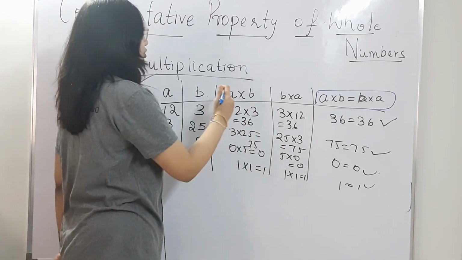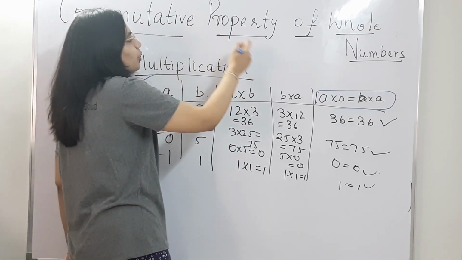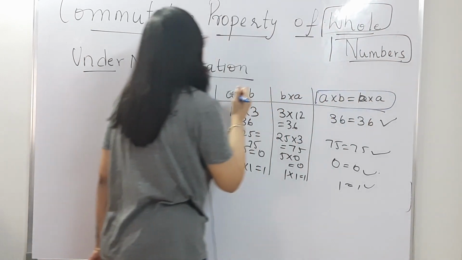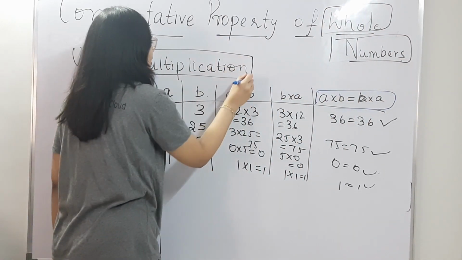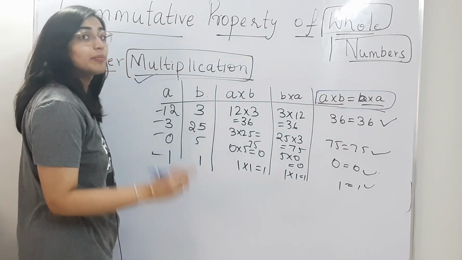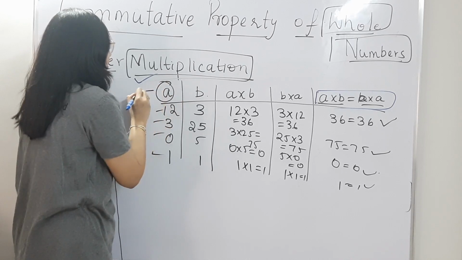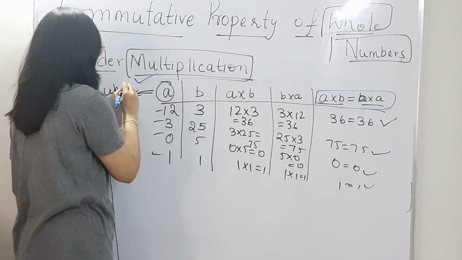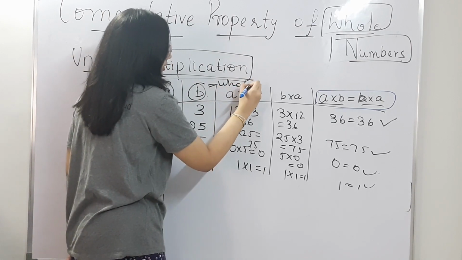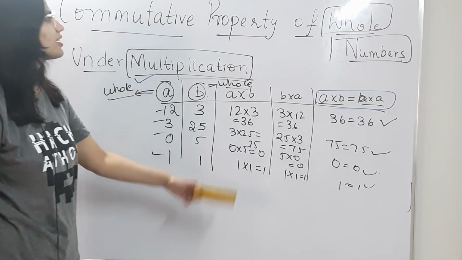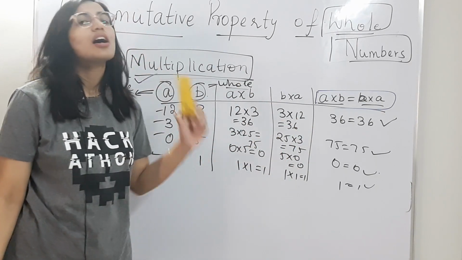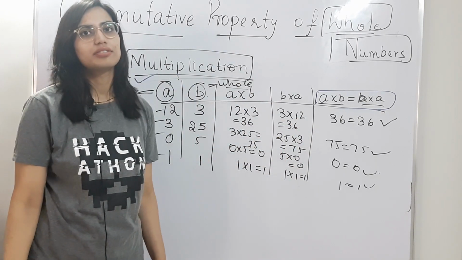So that means you can say that commutative property of whole numbers will satisfy under multiplication no matter what the order of A and B are, provided A is a whole number and B is also a whole number. Okay, so this is the commutative property of whole numbers under multiplication, right?